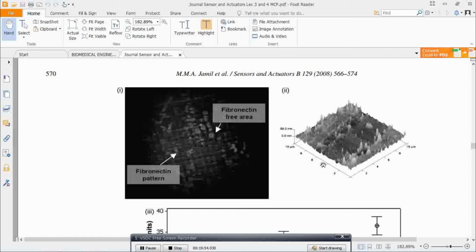This is what I meant by topographical images. AFM is able to produce topographical images. That means it images from the top like a scanning system, which will give you high resolution imaging as well.